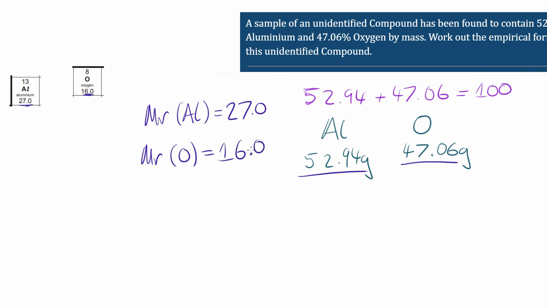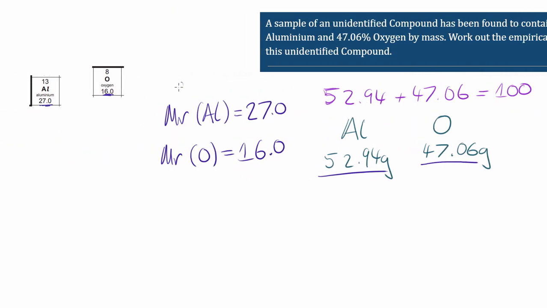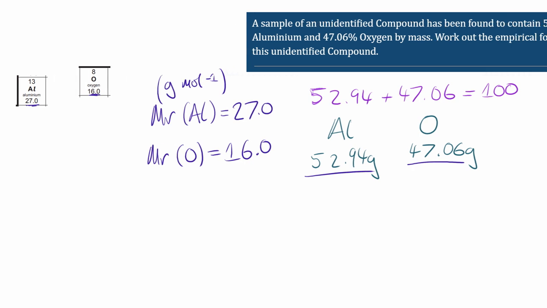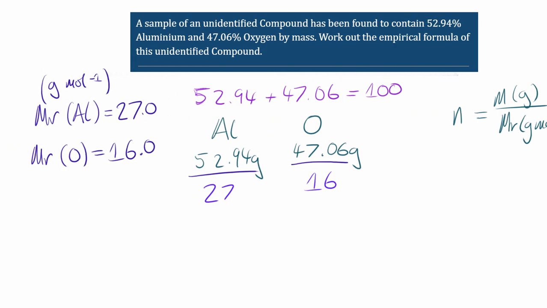By the way, as I showed in the equation before, these molar masses are in grams per mole, right? So the other thing we're going to do here is divide this by 27, and here divide this by 16, right?